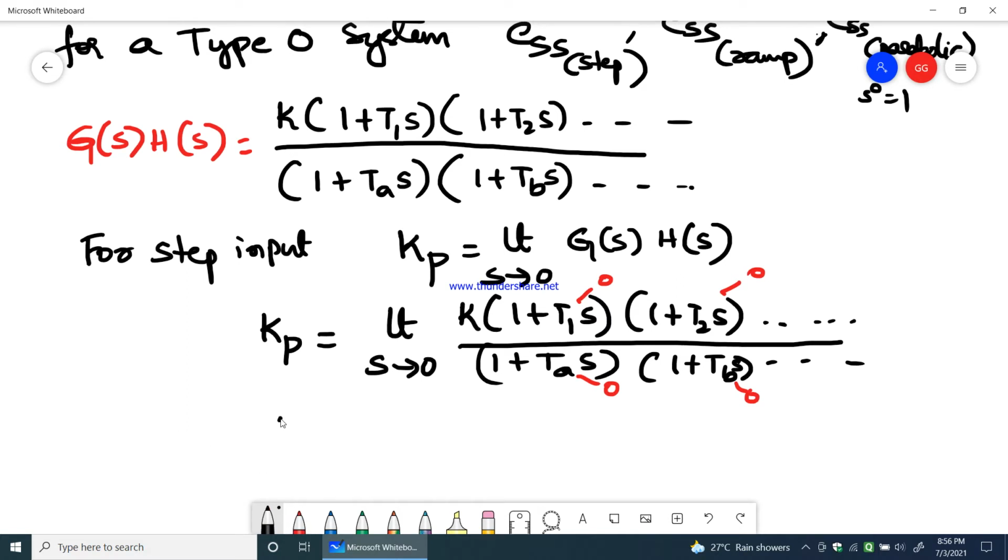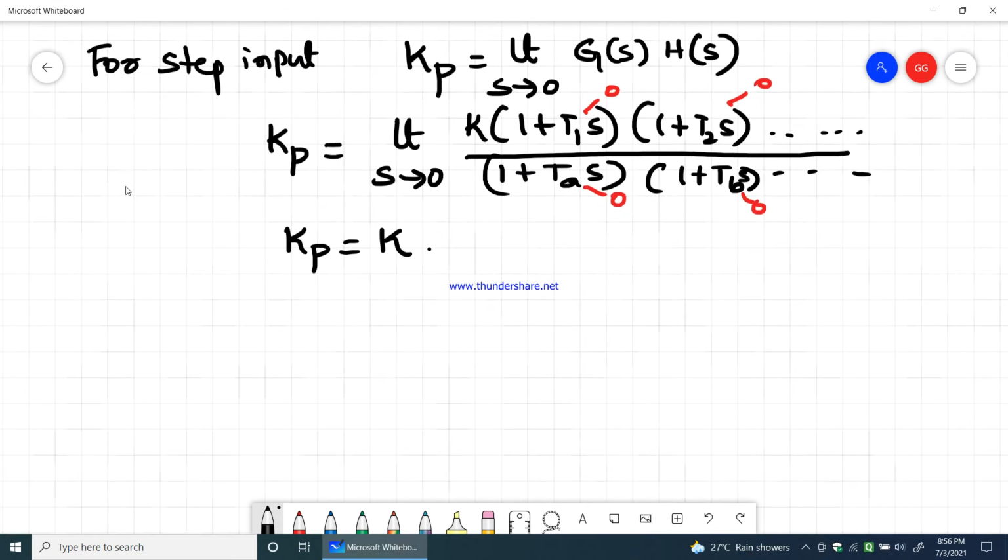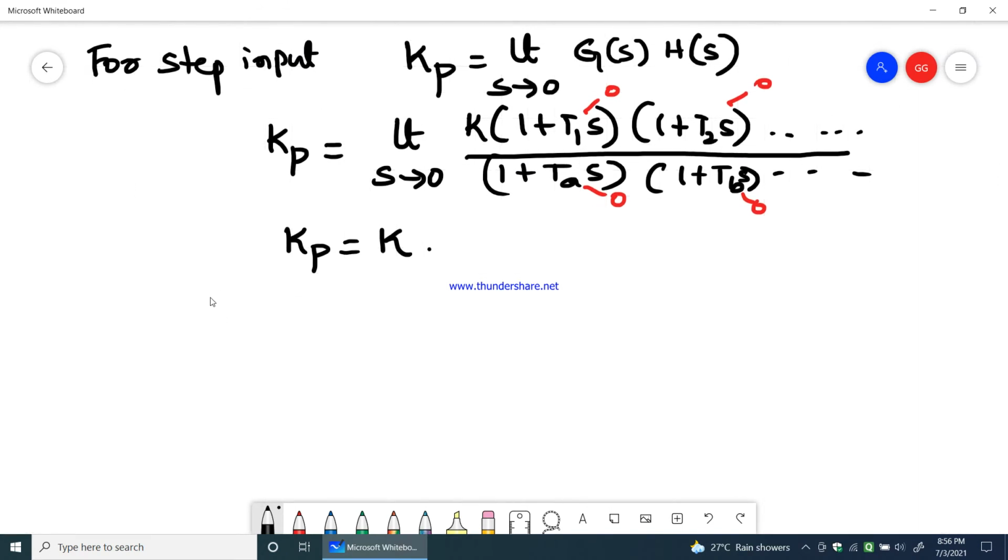Therefore, Kp is equal to K for a step input when a type 0 system is considered. Now when Kp equals K, we know that the steady state error for a step input is equal to A divided by 1 plus Kp.